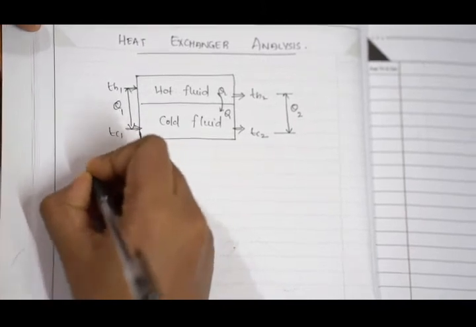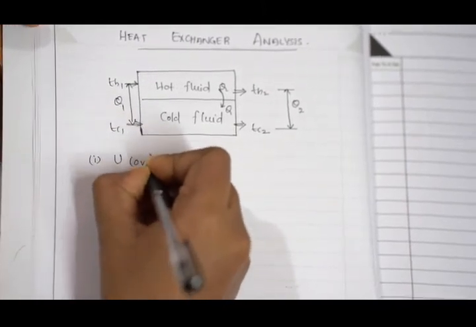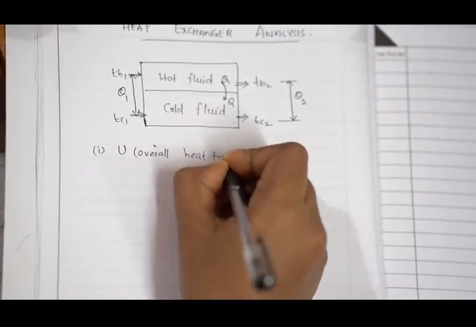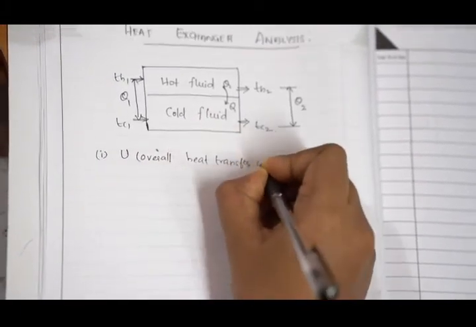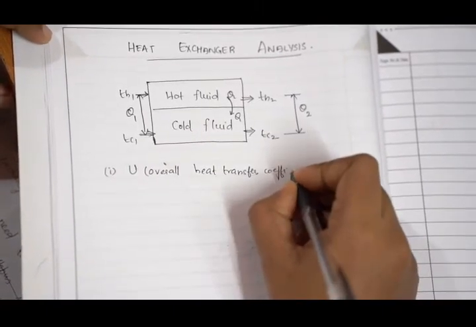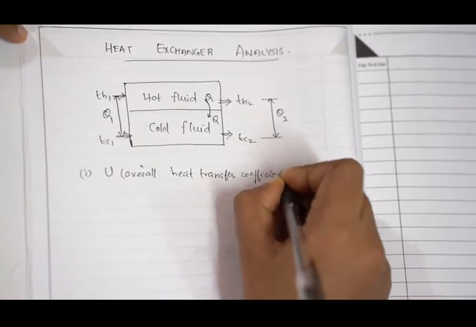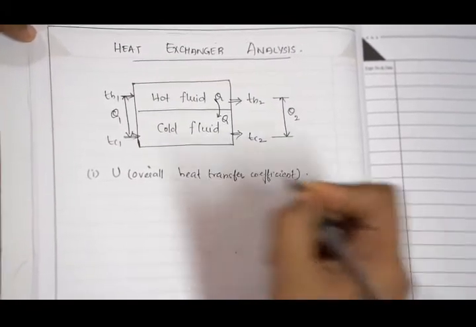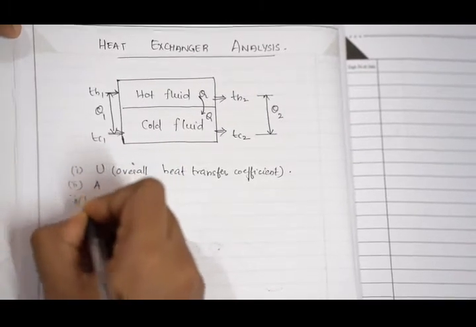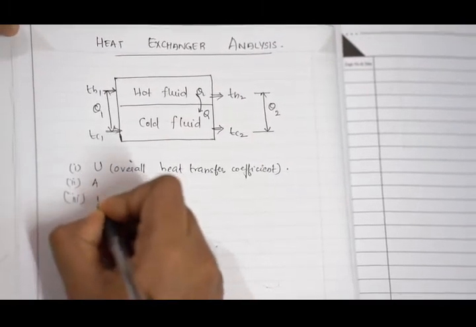That is, the first one is U. U means overall heat transfer coefficient, that you have already studied in the previous modules. And the second one is area, and the third one is temperature.